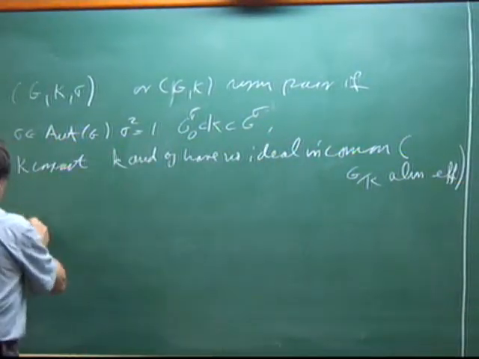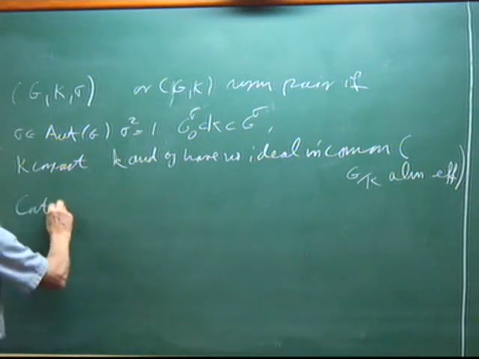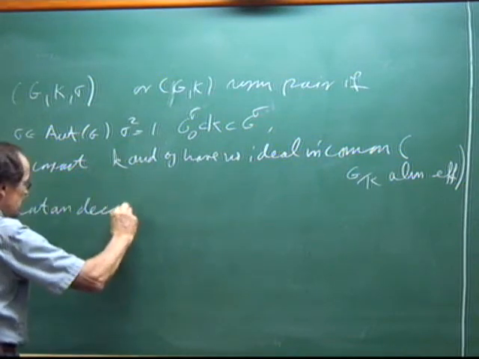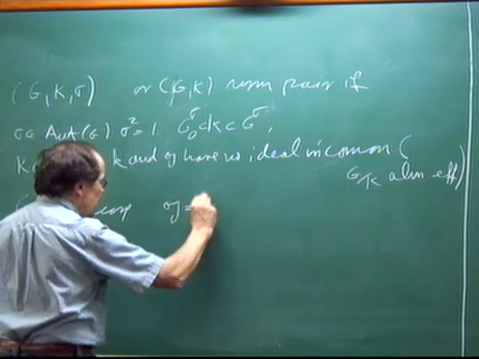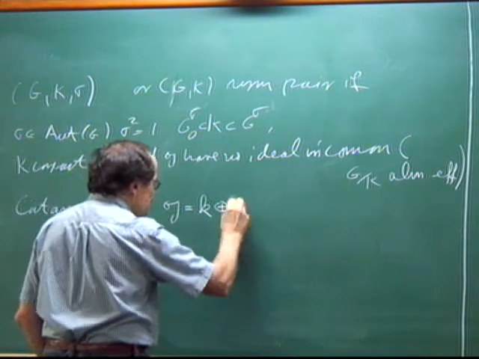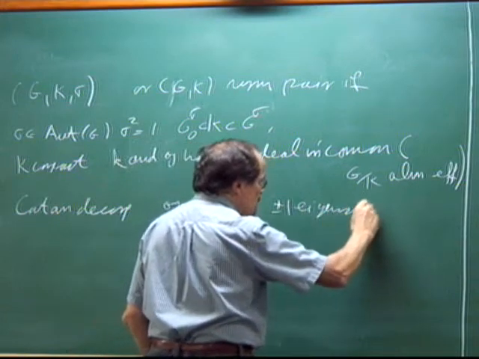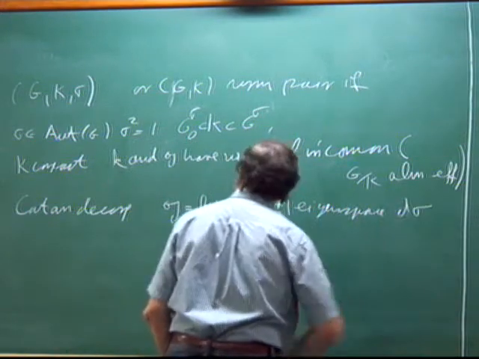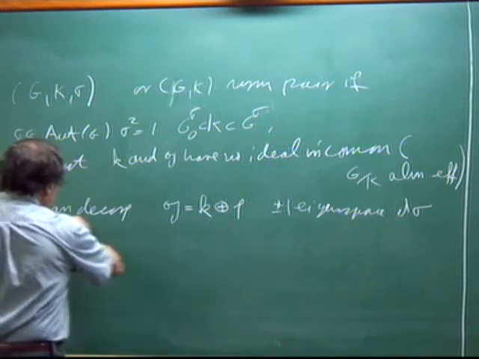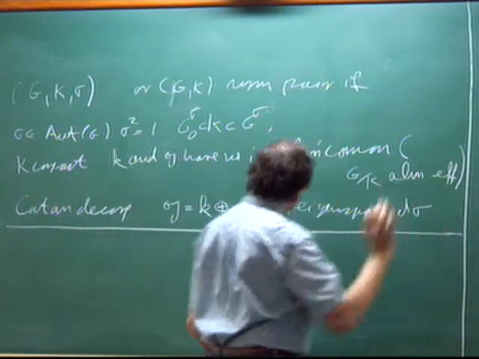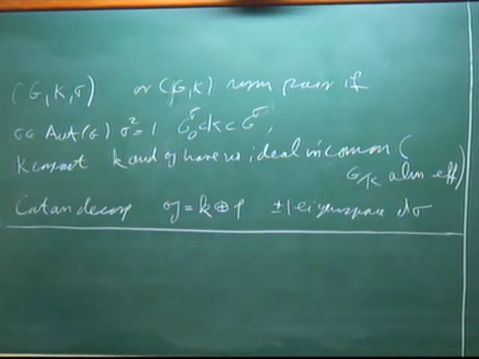Okay, then we had the Cartan decomposition in this context. The Lie algebra g is equal to k plus p, the plus and minus one eigenspaces of d sigma on the Lie algebra. So this is always our general setup. We will always talk about symmetric pairs like this.